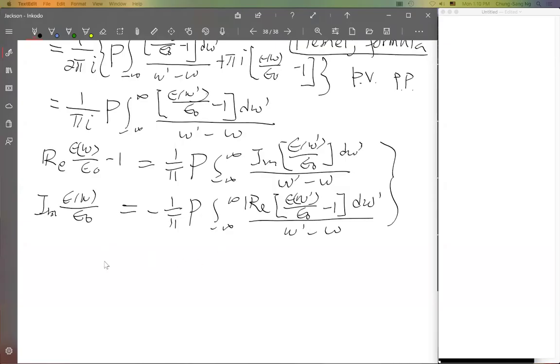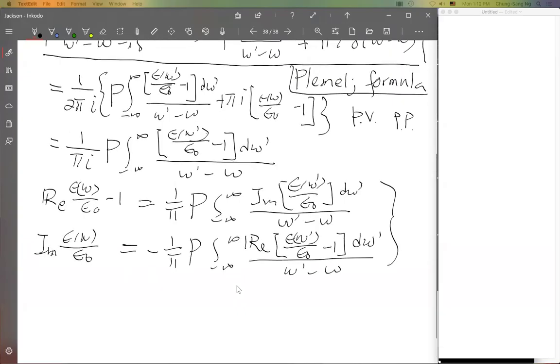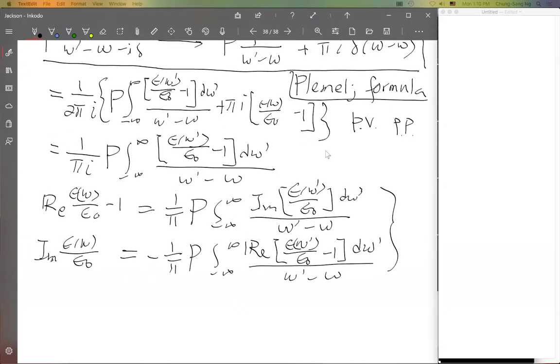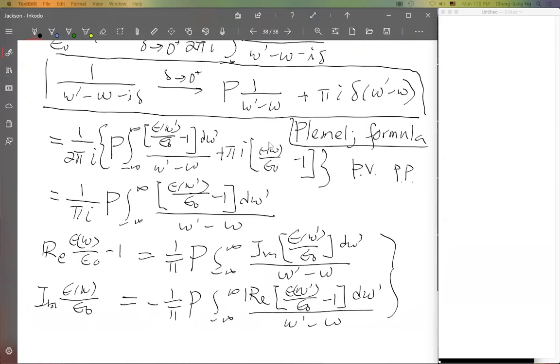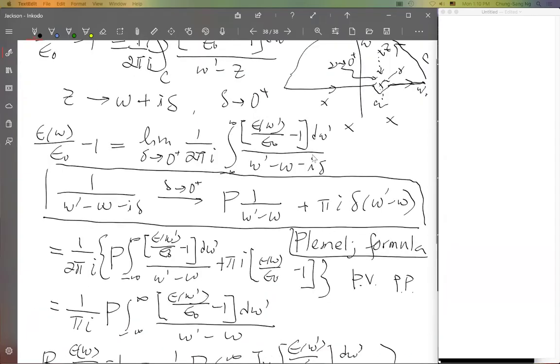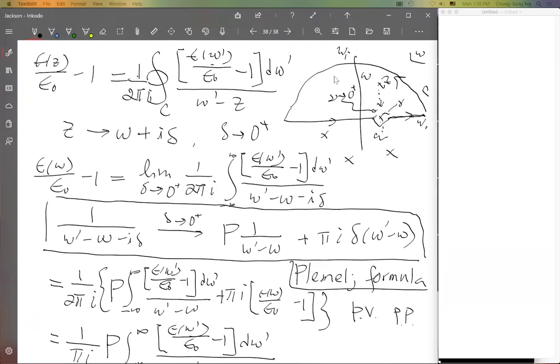This is a highly non-trivial property based on this relation. We'll talk about that in a moment. But for the derivation, is it okay for everyone? Yeah, at least you know the steps. If you haven't seen this before, you need to accept this formula. And also, if you don't know complex variables, you need to accept this Cauchy theorem.